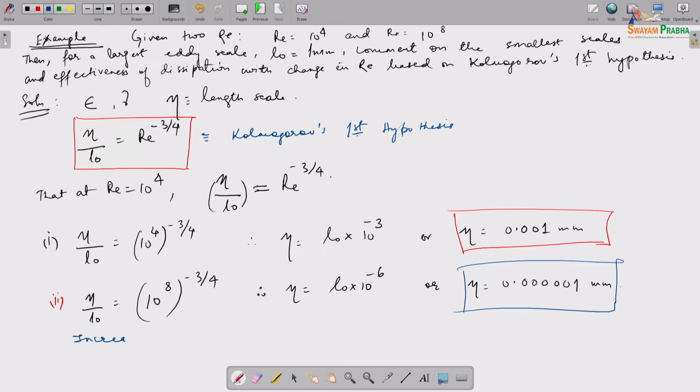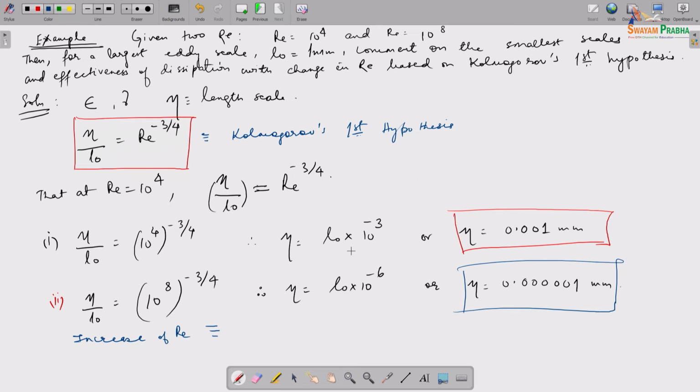So what does an increase of Re correspond to? This results in the size of the smallest eddies decreasing, right? The size of the smallest eddies is 10 to the minus 6 as the Reynolds number has increased, compared to 10 to the minus 3.